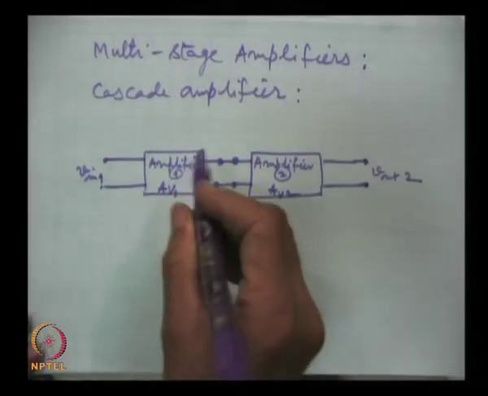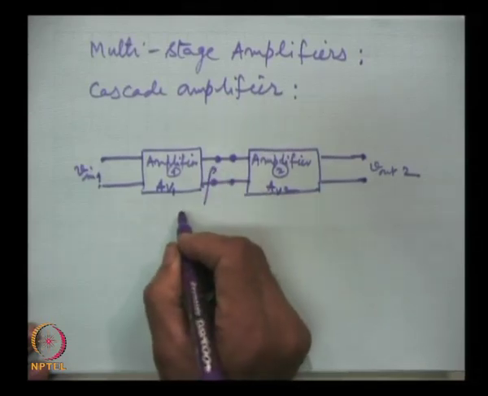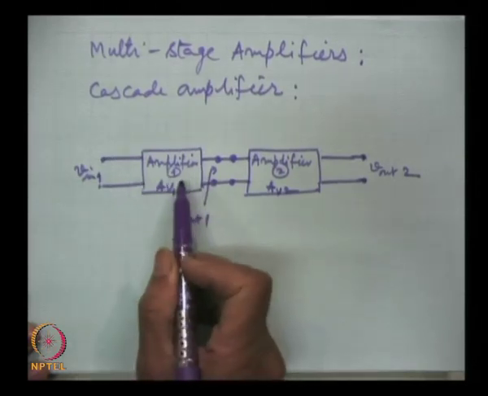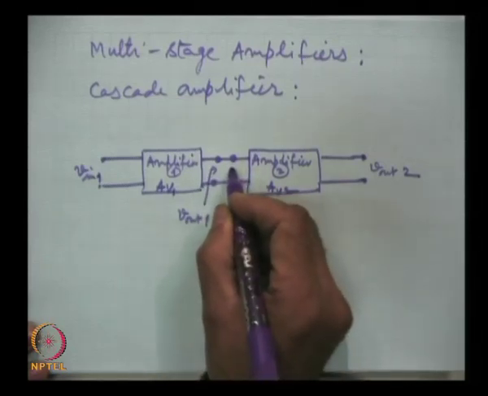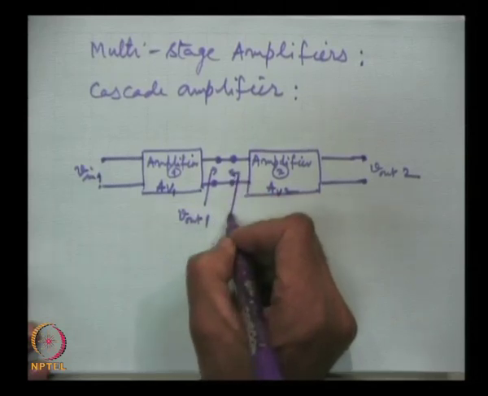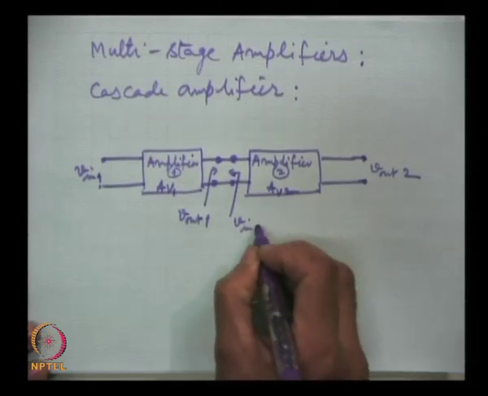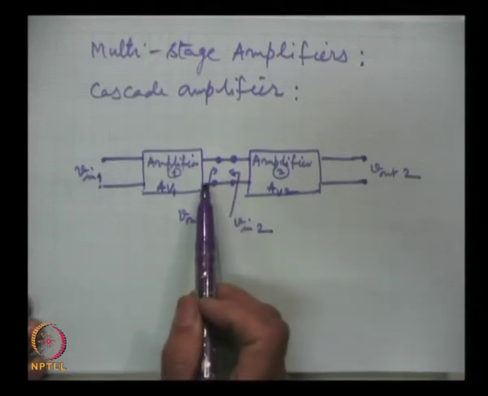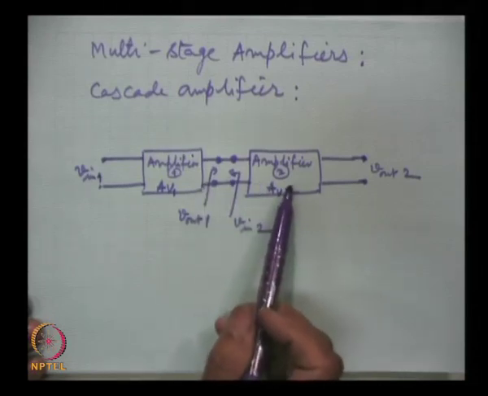Here this output is V out 1 from the first amplifier, and here we feed what is known as V in 2, because the output of the first amplifier is fed to the input of the next amplifier.